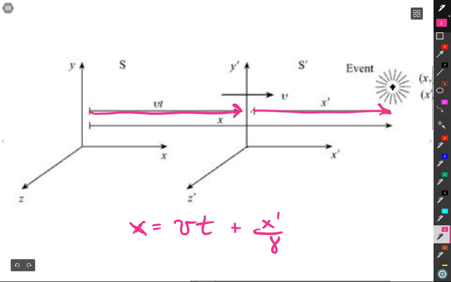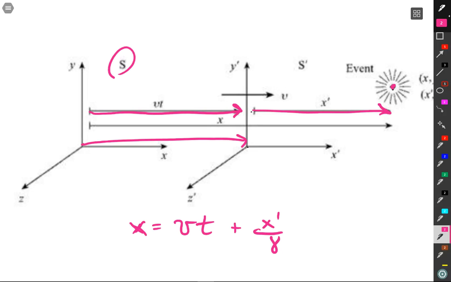So we have the position of this event measured in the unprimed reference frame is the distance that the origin has moved as measured in the unprimed frame plus the contracted length measured in the primed frame. Contracted length in the primed frame so that we get it back into the unprimed frame.